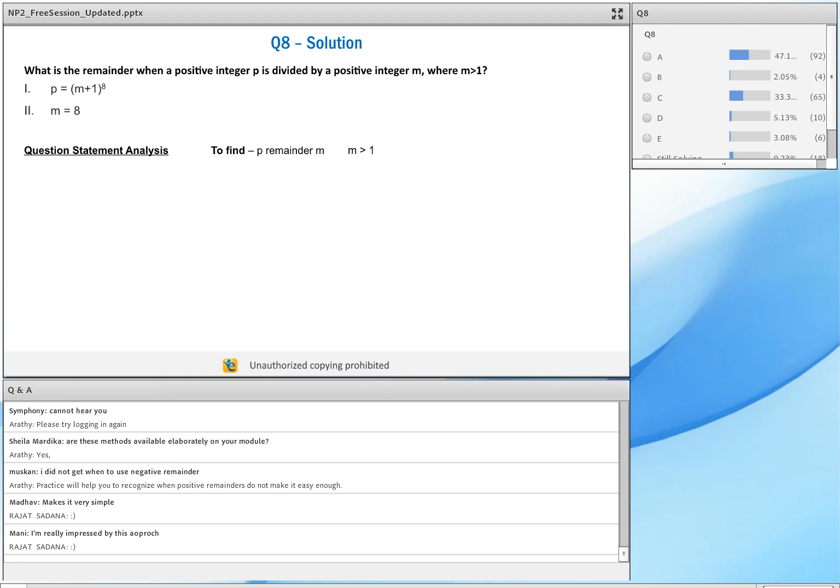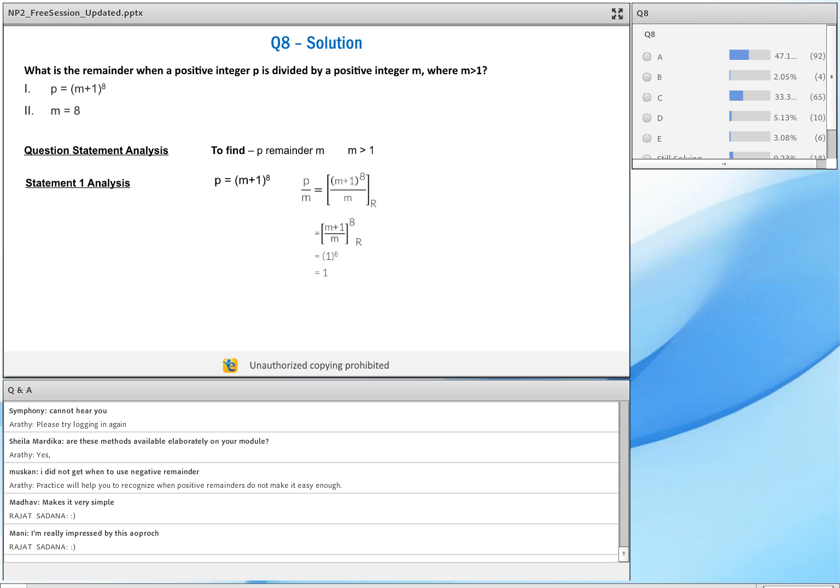Let's go about doing this, and let's analyze the question statement. The question statement says we have to find the remainder when p is divided by m, where m is greater than 1. So let's analyze statement 1. Statement 1 says p is equal to (m plus 1) to the power 8. So we have to figure out the remainder when we divide p by m. So p by m is equal to (m plus 1) to the power 8 divided by m.